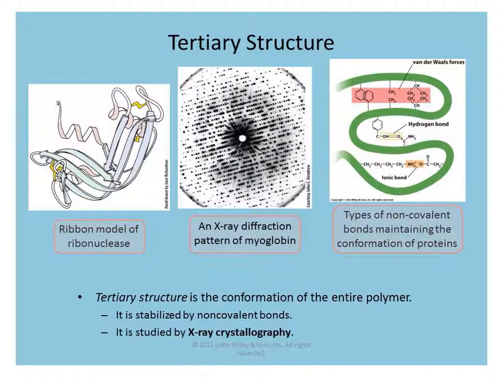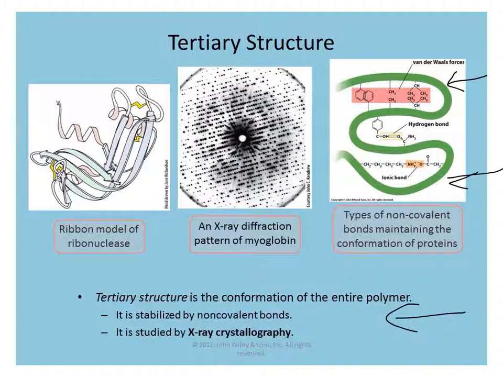Now, tertiary structure of a protein is when a protein has additional folding that allows it to reach its final three-dimensional shape. The stabilization of this additional folding is also due to non-covalent interactions, usually between R groups of the polypeptide chain.